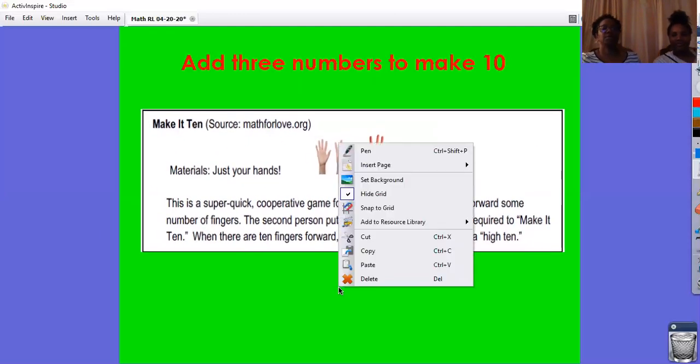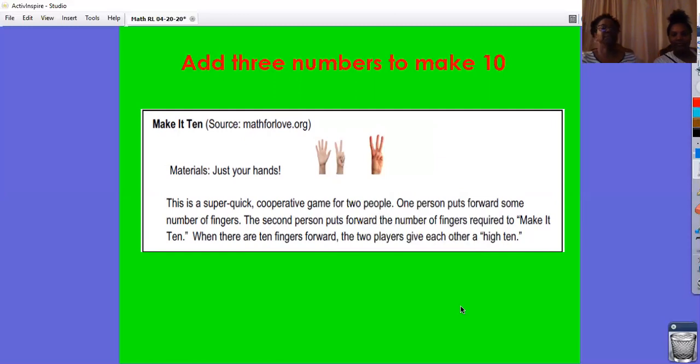All right, so let's go ahead and try that. They did have one example up there for you to start off. One person has 5, 6, 7, plus 3 more, 7, 8, 9, 10. They made 10. Let's see if we can make another 10.